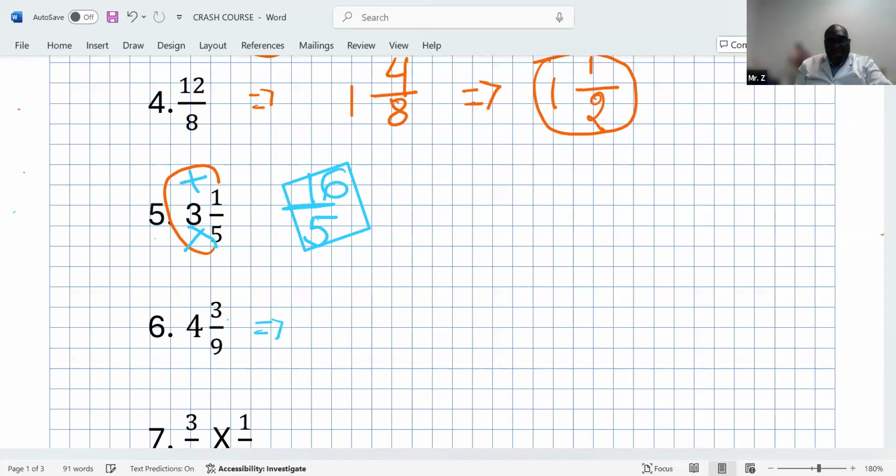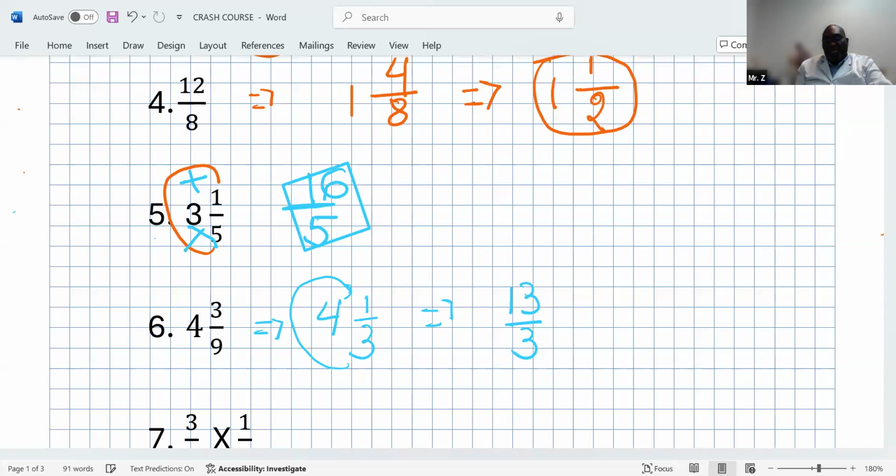Okay, 3 and 9 is what? It's a 4 1/3. As we say, you're going to do a C method. So 3 times 4 gives you 12, and 12 plus 1 gives you 13. So you're going to maintain that same denominator.